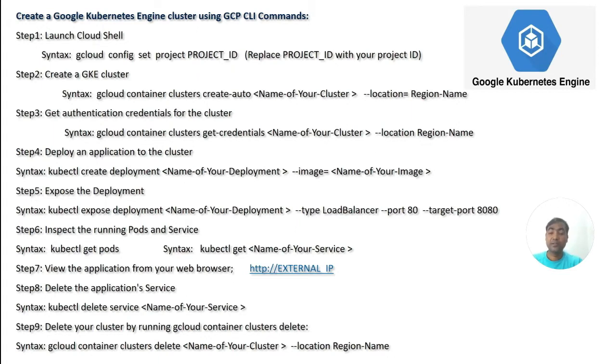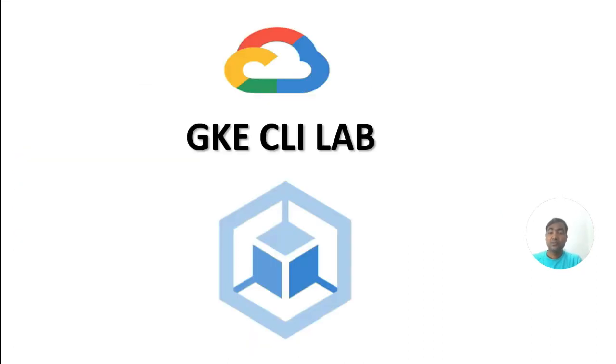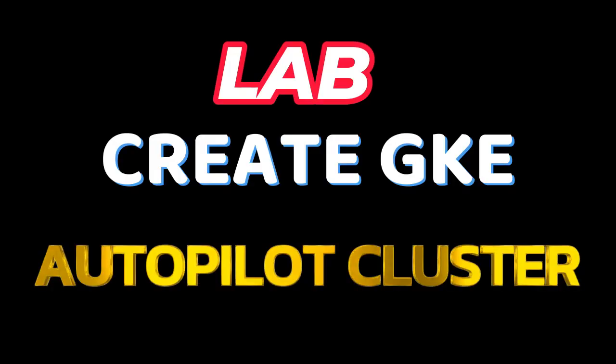You can practice similar steps and clean up all the clusters you created here. Now I hope you understand all the steps as I mentioned here. Let's switch to the GCP console web portal page. I'll show you all the steps inside the lab so that you can easily understand it.